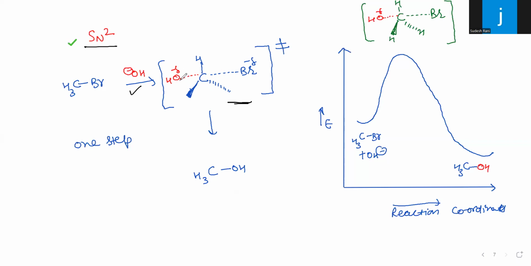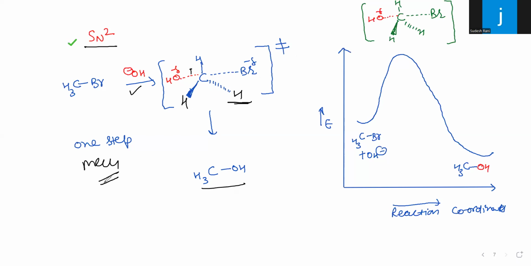And here the bond between OH and C is also a dotted line. It means this bond is forming. So this bond is forming and this bond is breaking, which the dotted lines represent. Here is the H. I have represented this transition state with the double dagger, and finally the product is formed. This is a one-step mechanism.